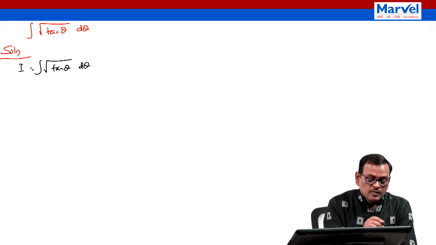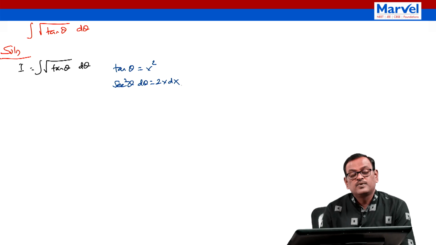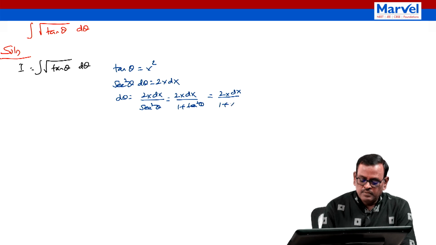Now put tan theta equal to x square. Secant square theta d theta equal to 2x dx. So what is d theta equal to? 2x dx by secant square theta, which is 2x dx by 1 plus tan square theta, which is 2x dx by 1 plus x power 4.